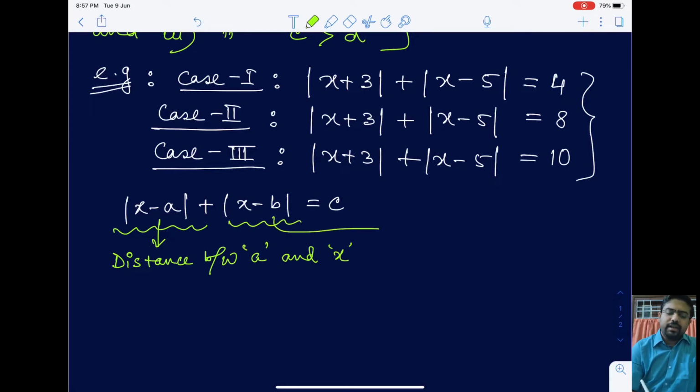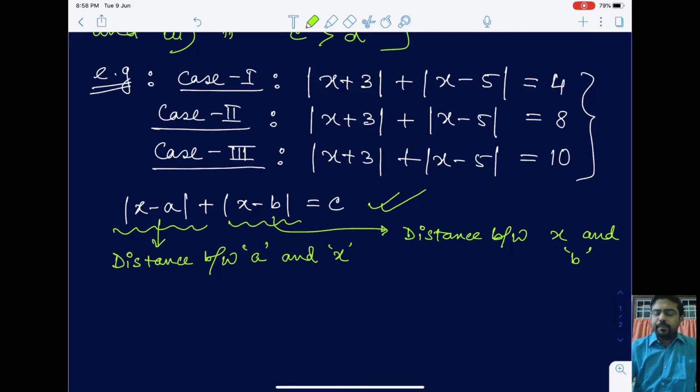Similarly, mod x minus b is the distance between the variable x and the real constant b. So basically this modulus equation represents that the sum of the distances is equal to c.